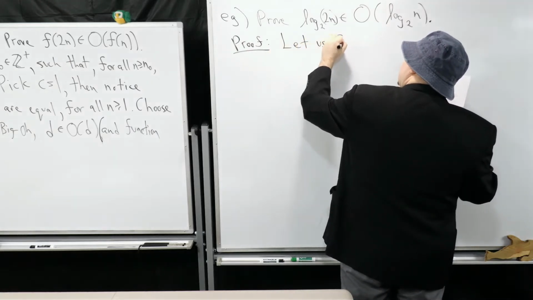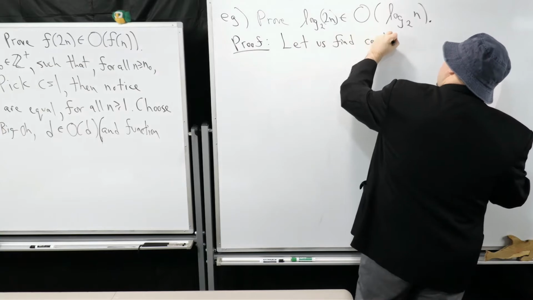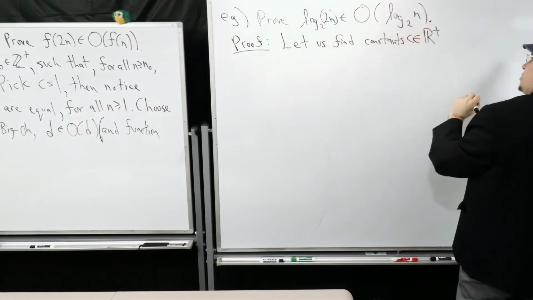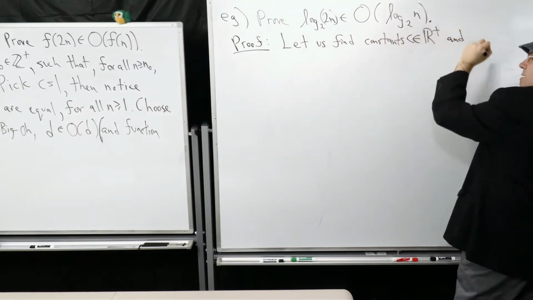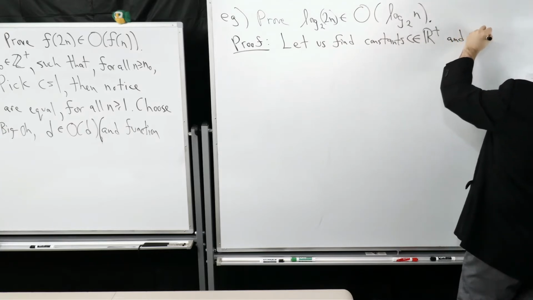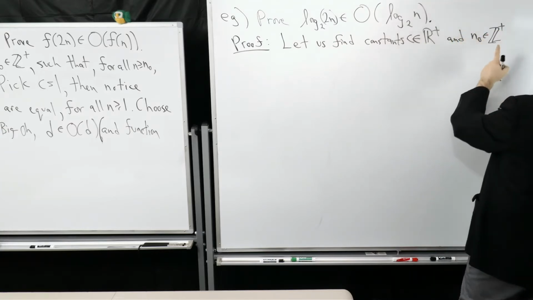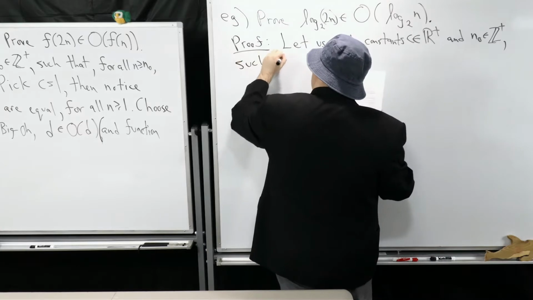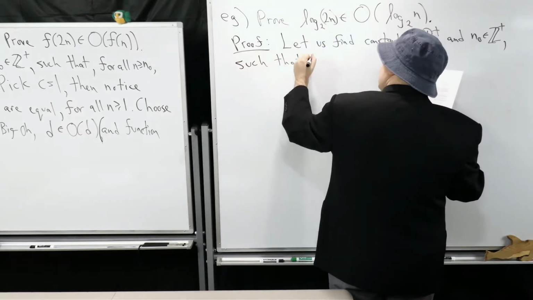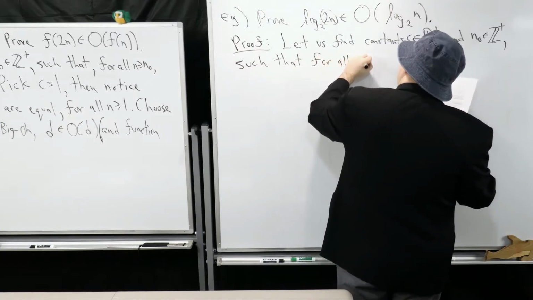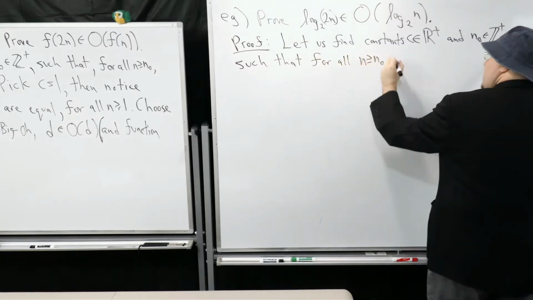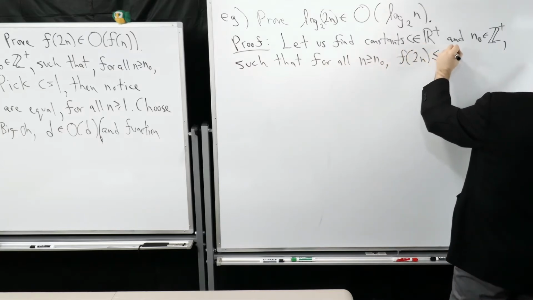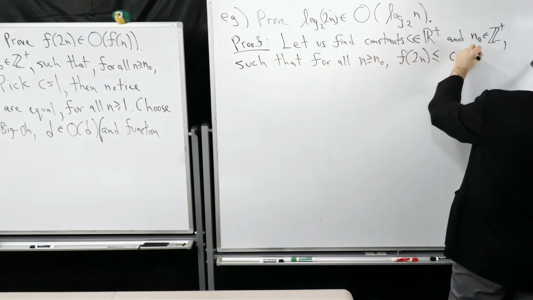So let us find constants C, which is a positive real number, and n0, which is a positive integer, such that for all n greater or equal to n0, f of 2n is less than or equal to C times f of n.